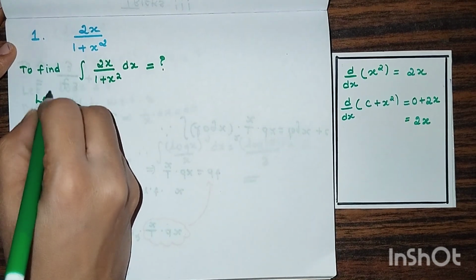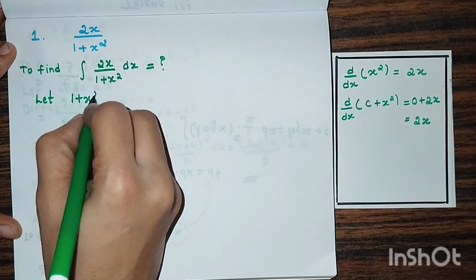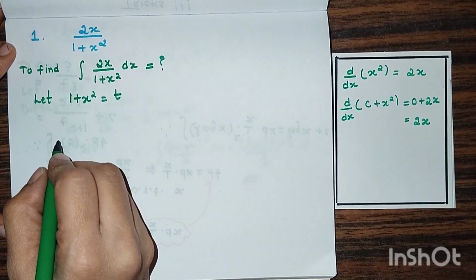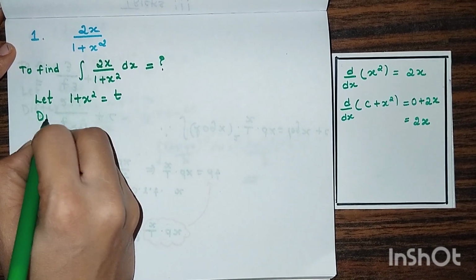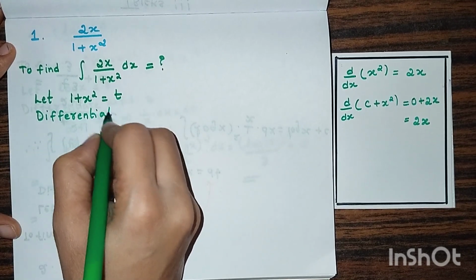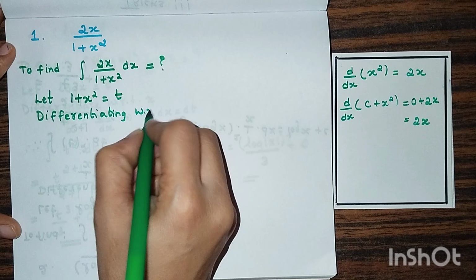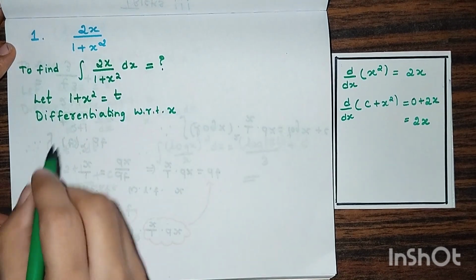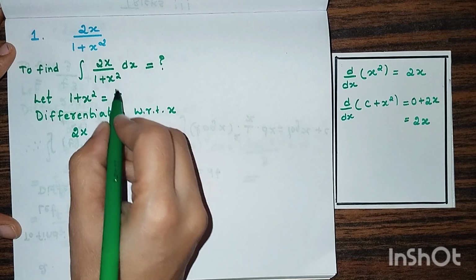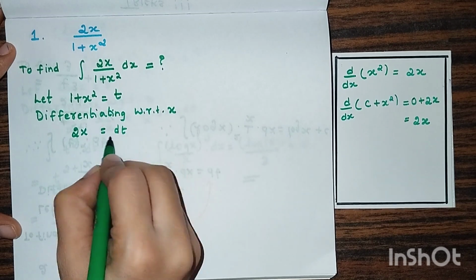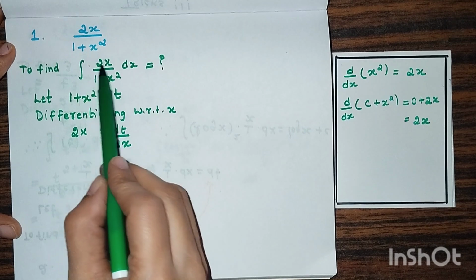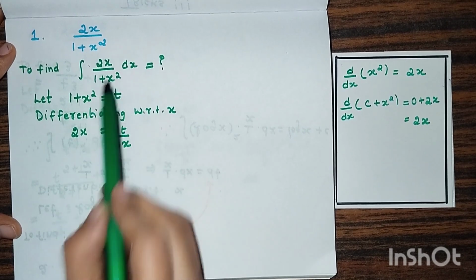So let 1 plus x square is equal to t. Now we will differentiate with respect to x. So if you differentiate 1 plus x square, you will get 2x. If you differentiate t with respect to x, you will get dt by dx. So we have to replace this 2x, dx and 1 plus x square.